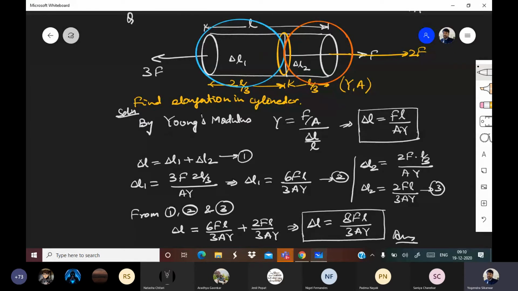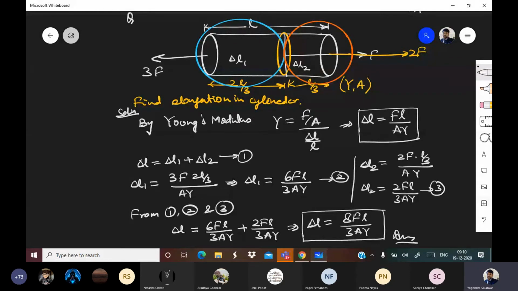See the diagram clearly. The orange color line is starting at the end and going up to 2F. That means the force acting at the end was 2F, not F. Yes or no? See the diagram yourself; I have not changed anything.